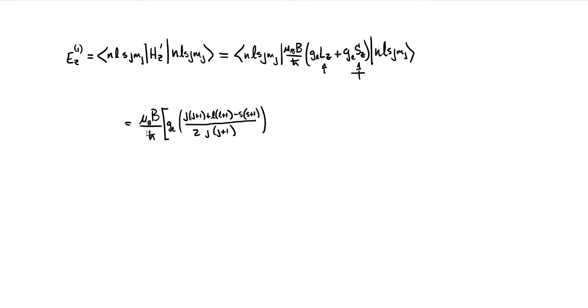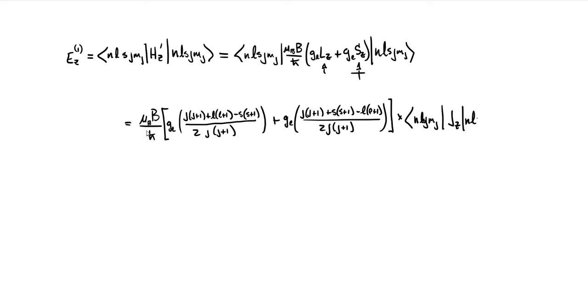And then this term over here is just G sub B. Very similar, J plus 1 plus S plus 1 minus L plus 1 over 2 J plus 1 times that matrix element of the J, MJ, I forgot the S, that JZ operator, sorry, got a little tongue-tied there, MJ.